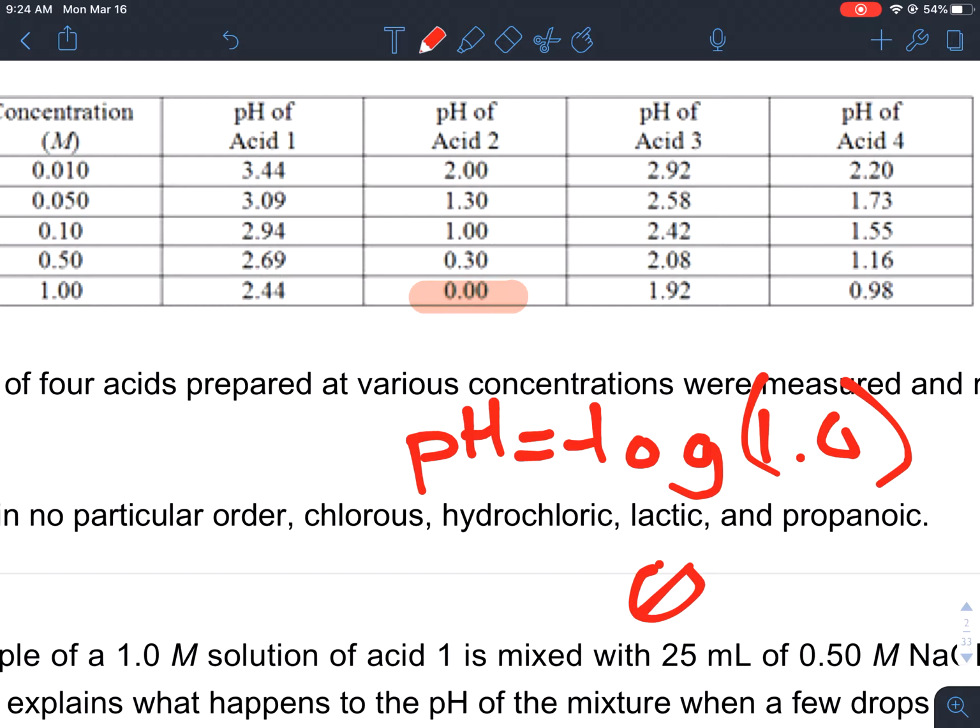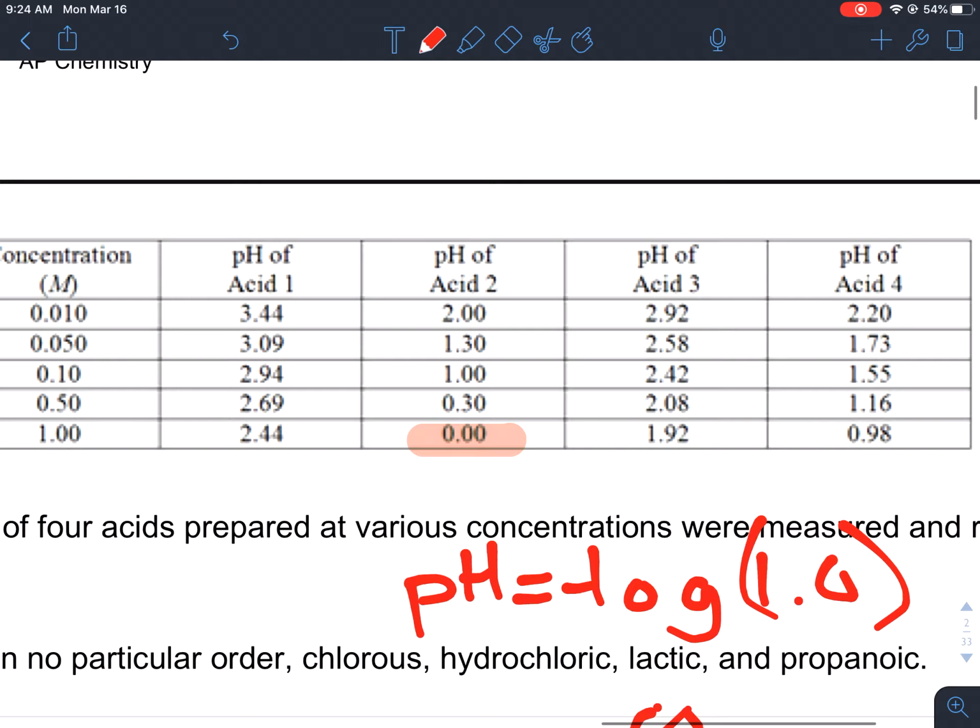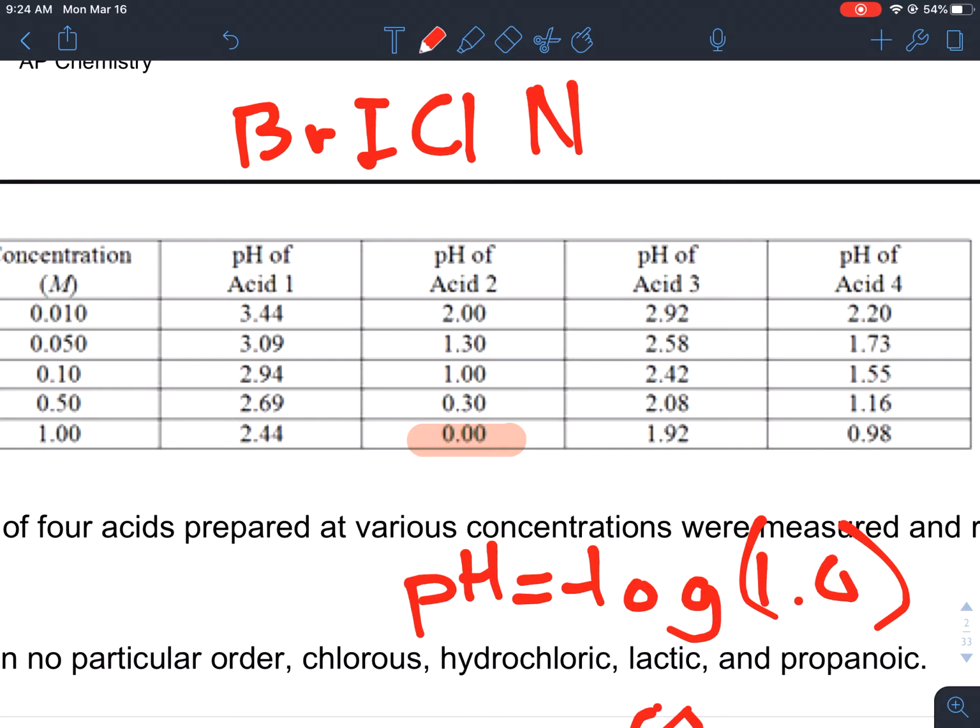That's pretty acidic. That means you're dealing with 1 molar HCl, or hydriodic or nitric acid or something like that. Something that is strong. And if you remember your strong acids, I give my students this. I say brickle no so clo. Say it with me. Brickle no so clo. Okay? These are your strong acids. And it's easy to know which ones the weak acids are because everything is weak except for these 6.